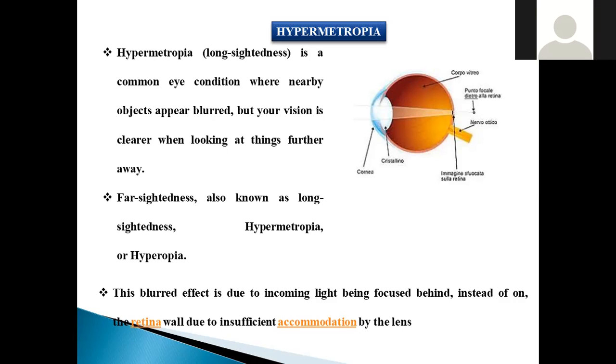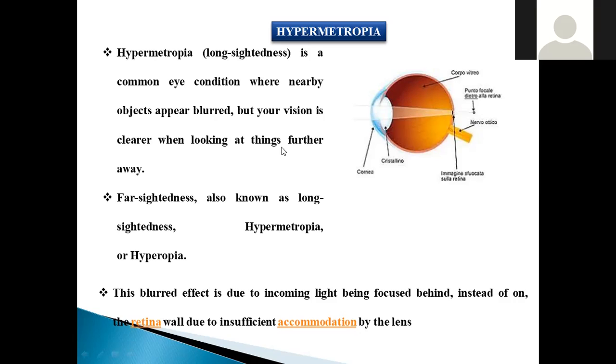That is called hypermetropia. So when the object is placed very near to the eye, the lens is not able to focus that light on the retina. Instead, the image will be formed behind the retina. That's the reason the retina will not get any information about that object, and you can't see that object in a clear manner.